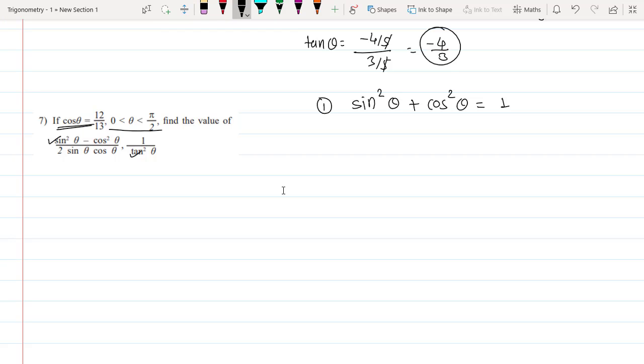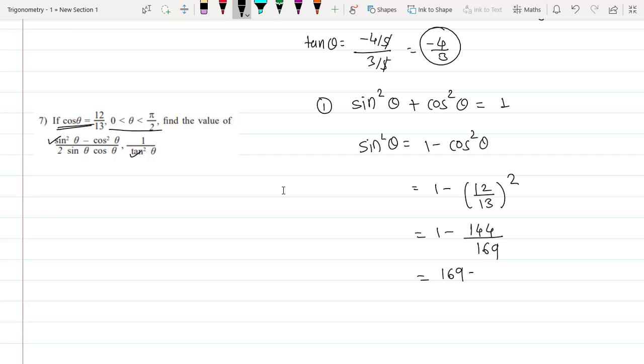So sin square theta is nothing but 1 minus cos square theta, which is 1 minus (12 by 13) square, which is 1 minus 144 divided by 169, which is 169 minus 144 divided by 169, which is nothing but 25 by 169. ये हो गया मेरा sin square theta.